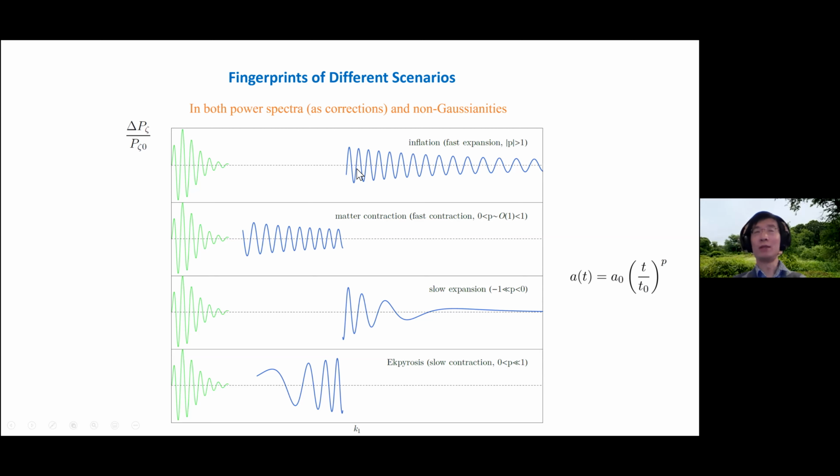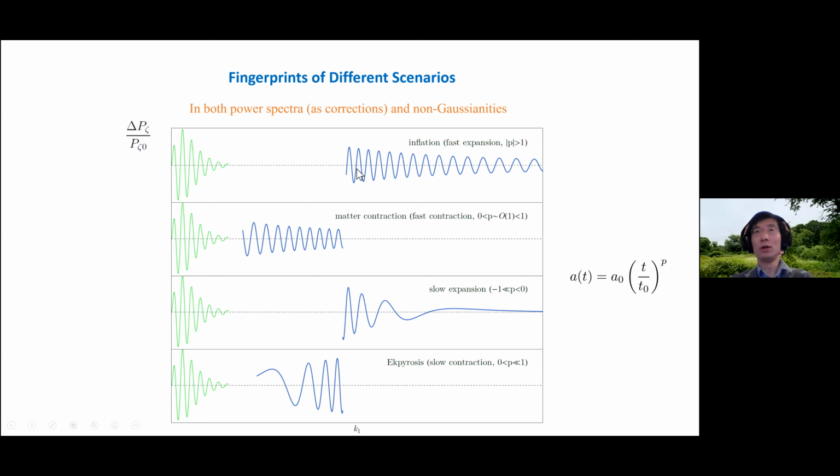Any repeated pattern can be used as a clock, but those are non-standard clocks, even if periodic, because we have no idea where they come from. For example, in the axion monodromy model, we assume inflation, but we use the perturbations to probe the shape of the potential.